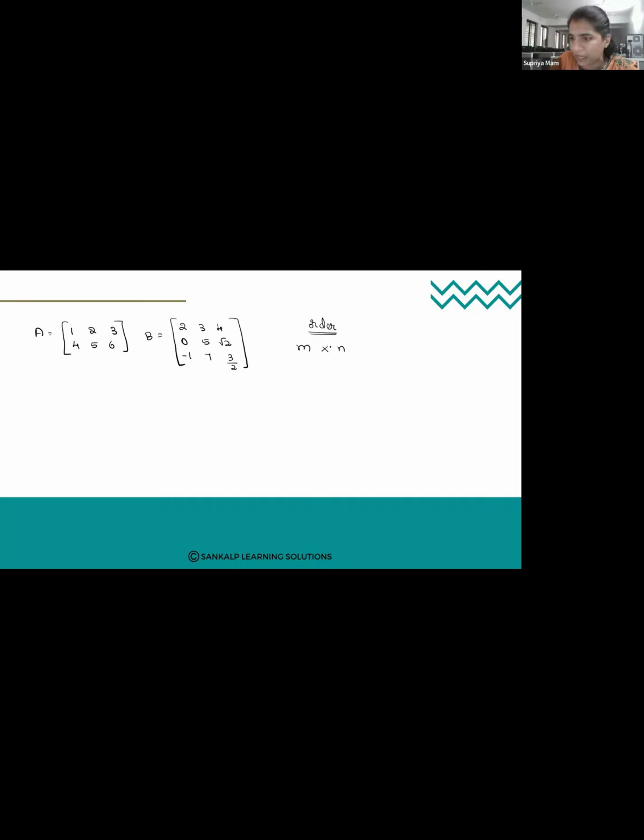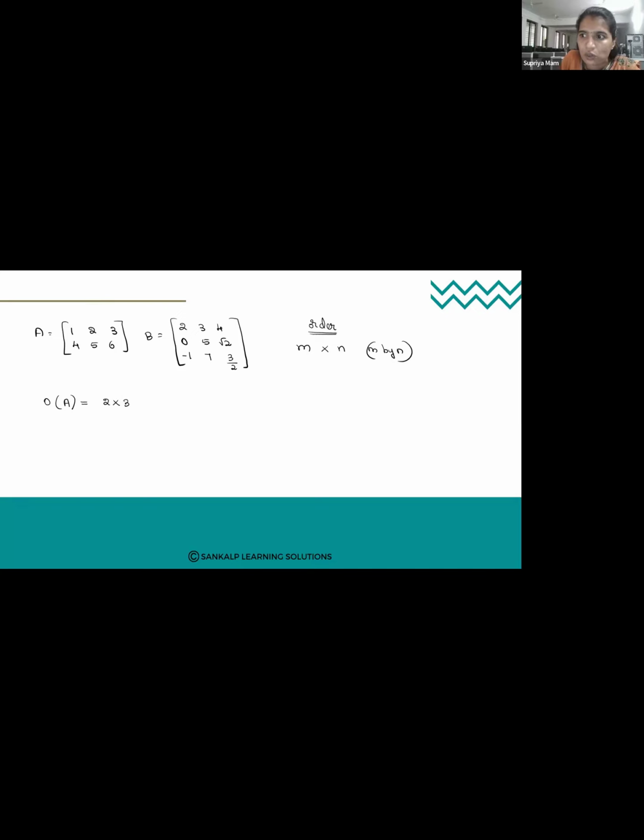We use the multiplication symbol and we read this as m by n. m by n indicates in the particular matrix, there are m rows and n columns. Thus, order of the matrix A is nothing but 2 by 3. 2 rows, 3 columns.